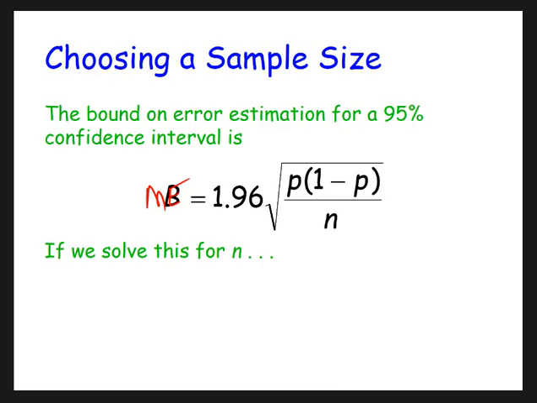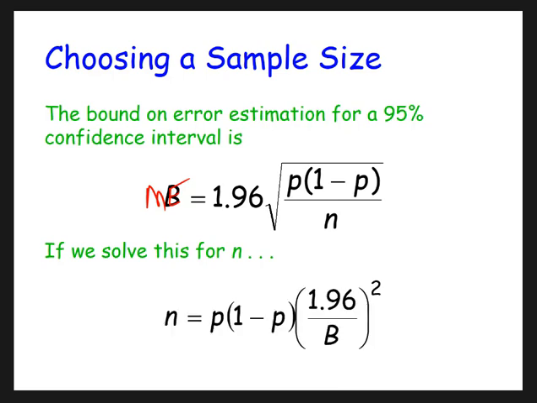If you recall from our previous session, if we don't have an estimate for P, then we have to use 0.5. 0.5 is the worst case scenario. Now we solve this for N, so we divide by the 1.96 and square to get rid of the square root, and then multiply by the N and so forth. I'm not going to go through the algebra with you.